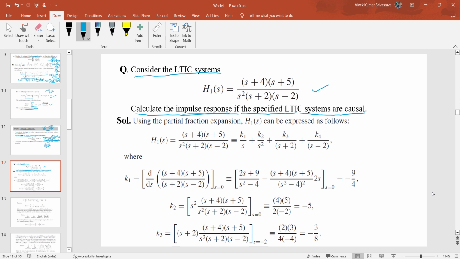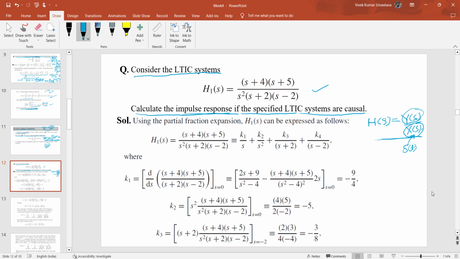This H(s) is basically defined as Y(s) over X(s). From the previous lecture we have seen that the impulse response is the response of any system Y(s) once we provide an impulse, delta t, as the input to the system.